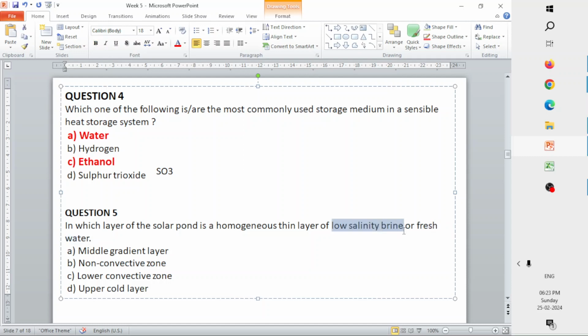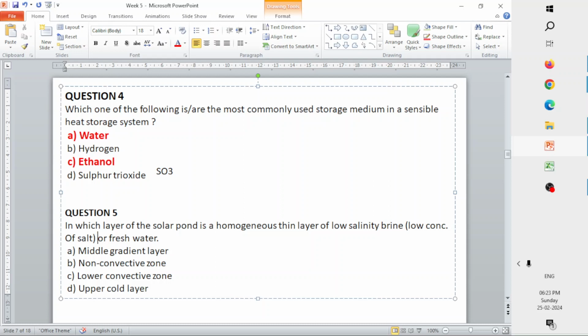So low salinity brine is the same as low concentration of salt, or, in a layman's sense, you can even call it fresh water.